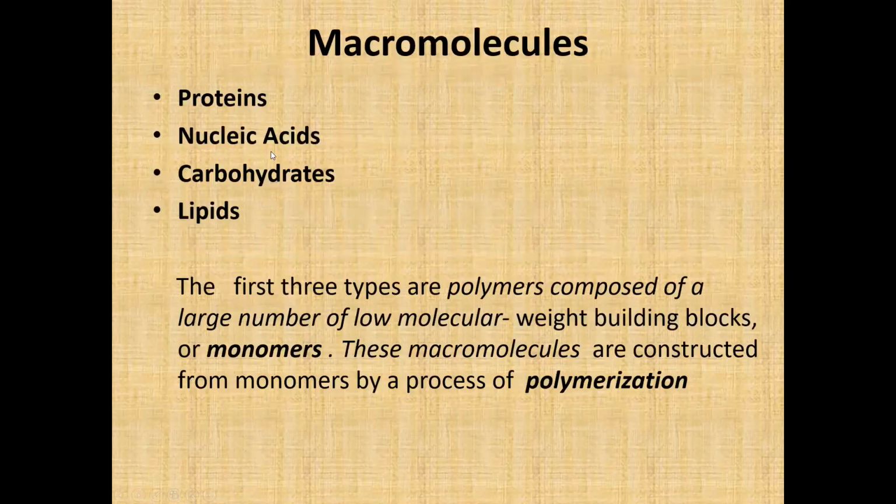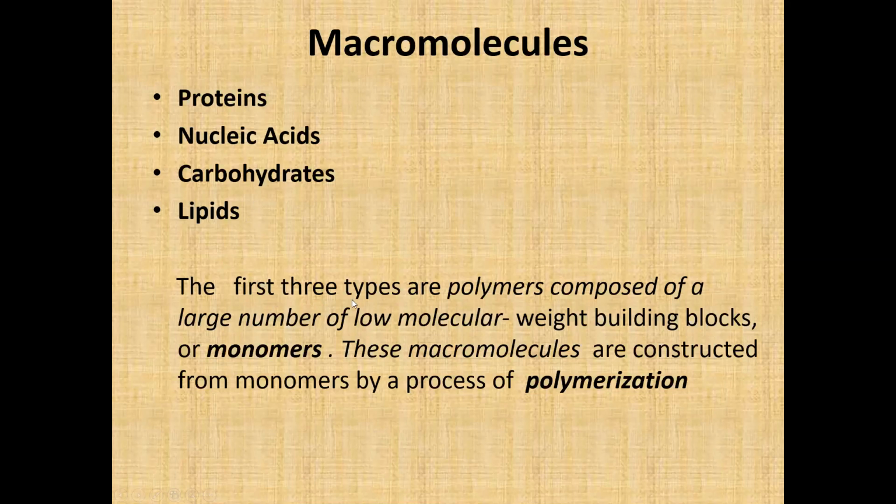Please remember that in most types of cells we can meet 4 different types of macromolecules, 4 different classes of organic substances. These are proteins, nucleic acids, carbohydrates, and lipids.